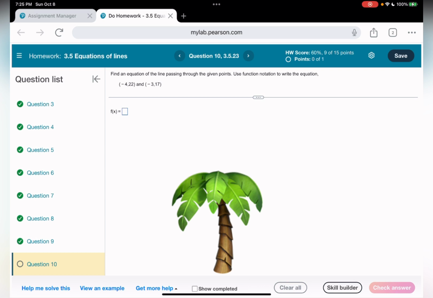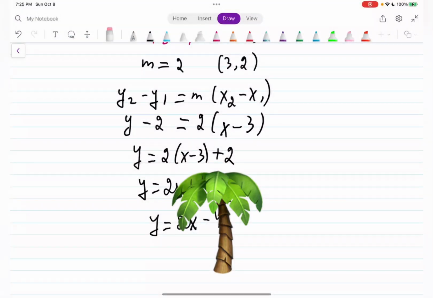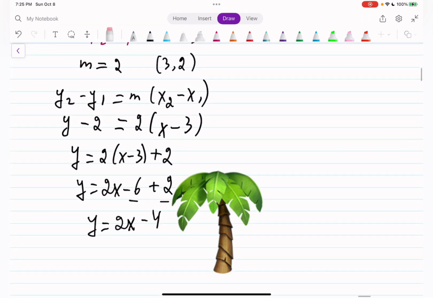We have the same thing: negative 4, 22 and negative 3, 17.